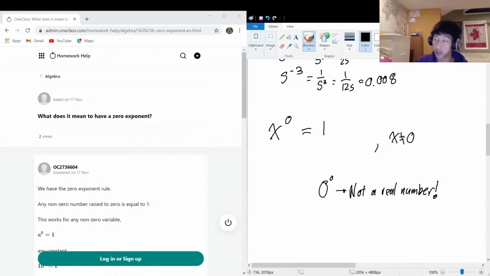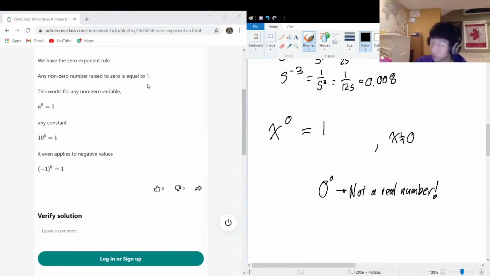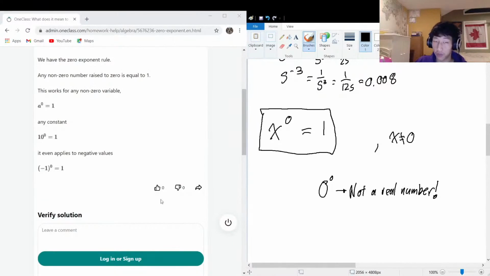So just keep that in mind. Anything to the power of 0, that's 1. Even negative values work out as well. As long as x is not 0, this will always be true. So, yep, keep that handy.